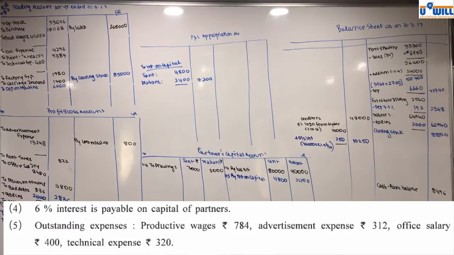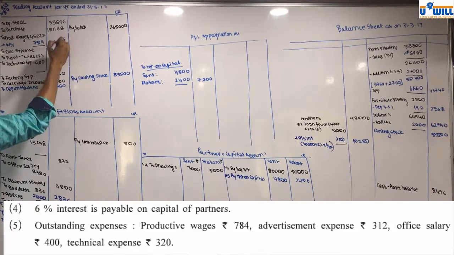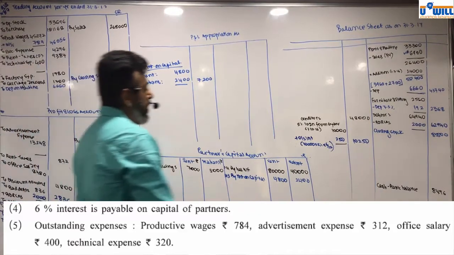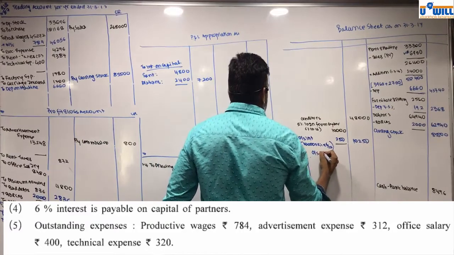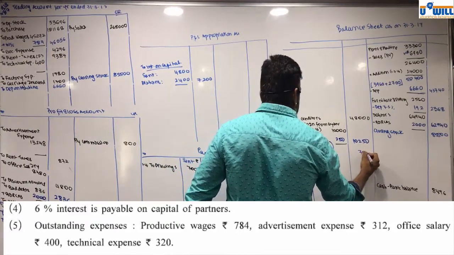Yeah, please do it. Productive wages 784 plus outstanding 784. 46056. Yes. Second effect, outstanding wages 784.